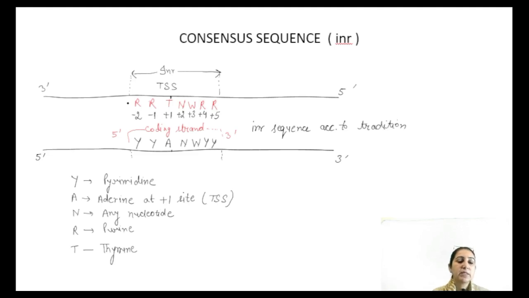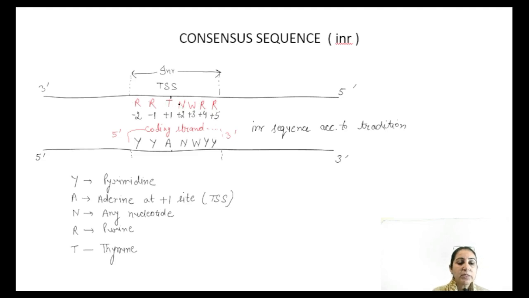So, let's see what sequence is actually present in the template strand. It will be purine at -2, purine at -1, thymine at +1, any nucleotide at +2, any weak nucleotide at +3, purine at +4 and also purine at +5.